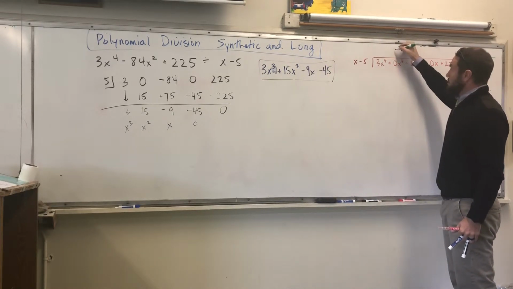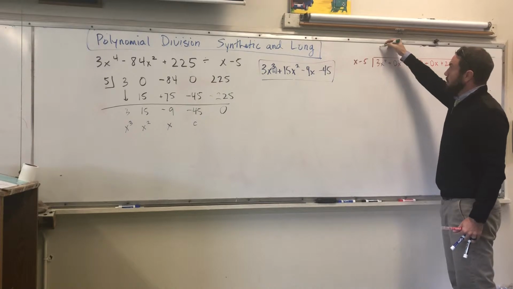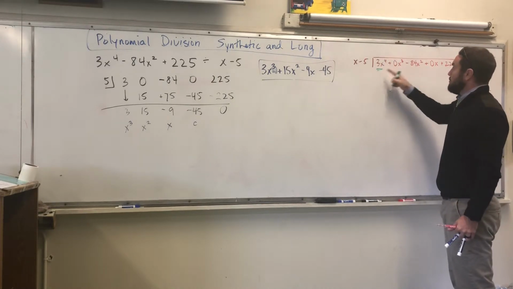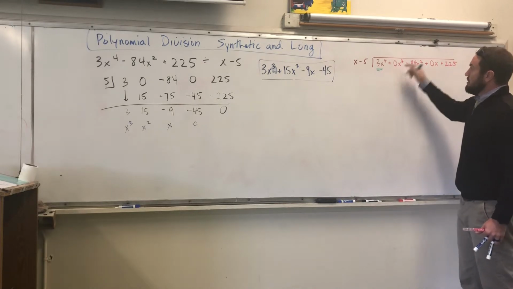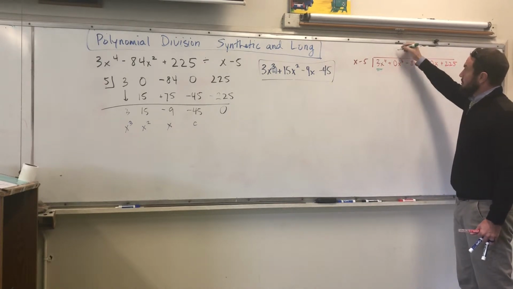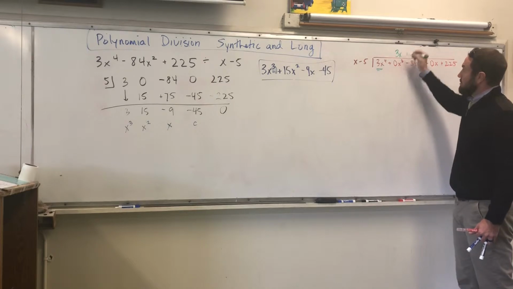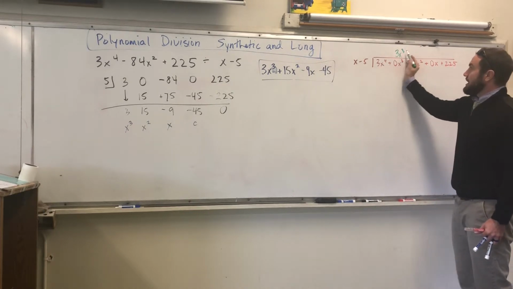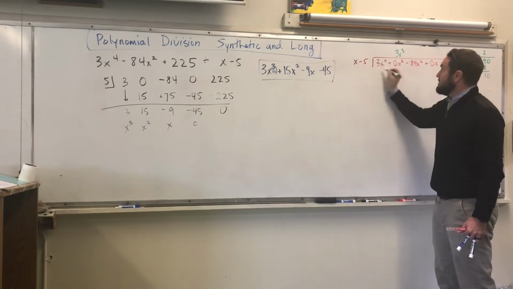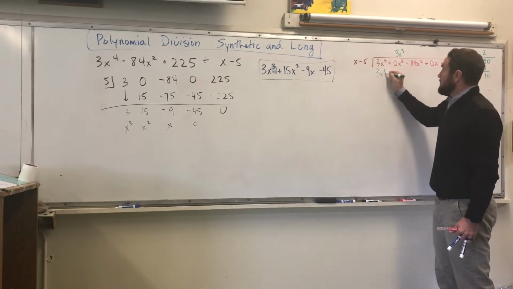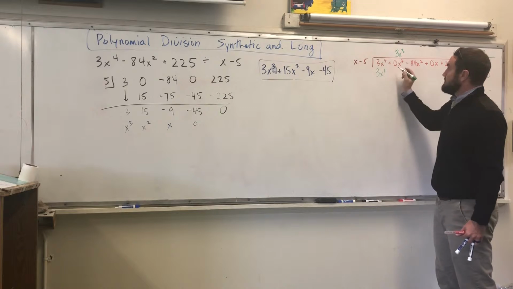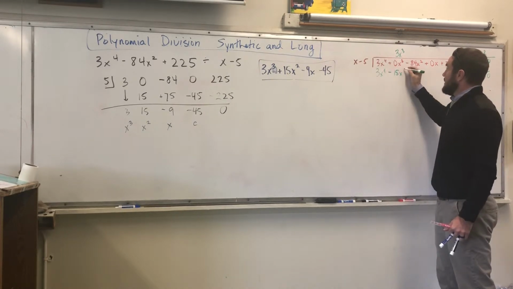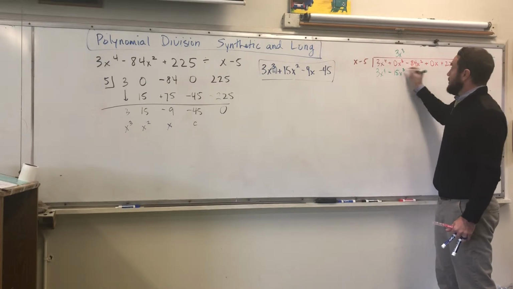And usually what you'll do is, instead of putting what you're multiplying above this first term here, because we're moving back 1 degree, you're going to multiply over this term, 3x to the third. Now what that says is, okay, 3x to the third times x is 3x to the fourth, and 3x to the third times negative 5 is negative 15x to the third.